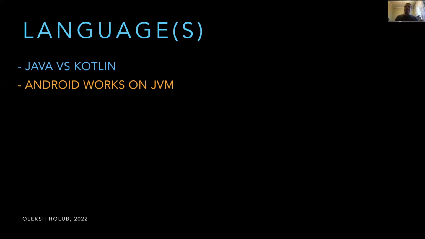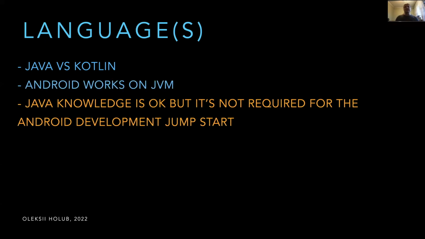So every Android application is a process which will run in the Java virtual machine. Why is this important? We should understand that every piece of code we write, no matter what, Java, Kotlin, whatever, will be compiled to bytecode, and it will run on that Java virtual machine.